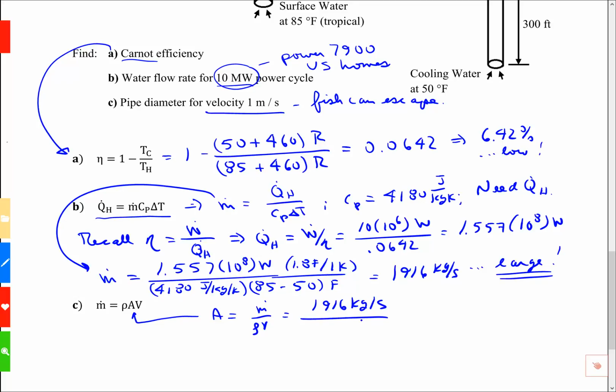My density, let's take 1030 kilograms per meter cubed. That's for seawater. Seawater is a little more dense than pure water. My velocity was 1 meter per second. When I compute that, I got an area of 1.86 meters squared.